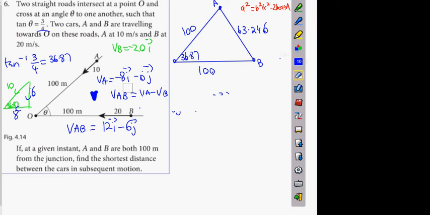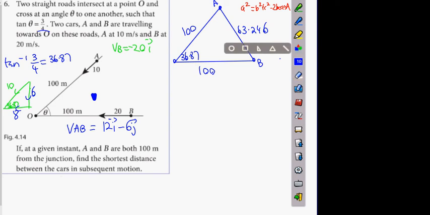In previous questions, we've been bringing it to the junction to make it easier, and then trying to find out how long, where is the closest distance. What would happen this time around is that if we brought B to the junction, B is going to reach the junction first, right?